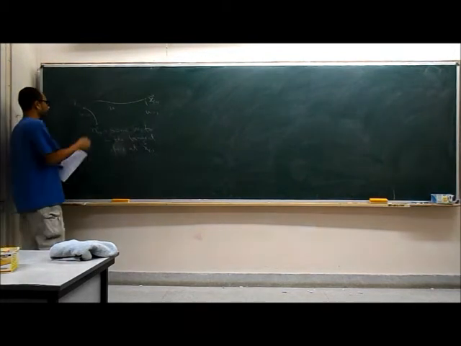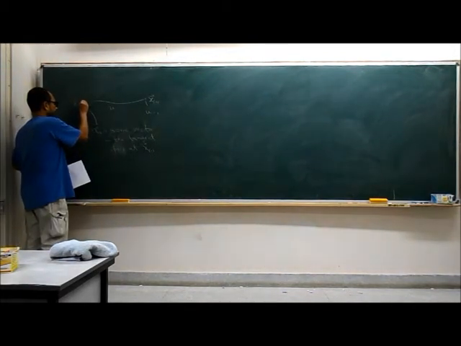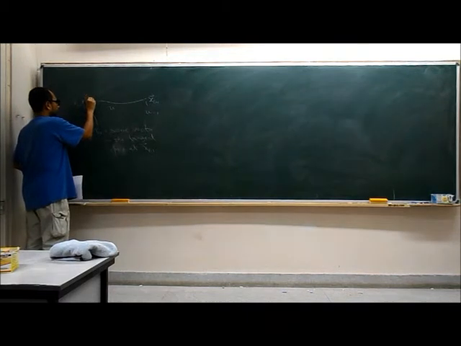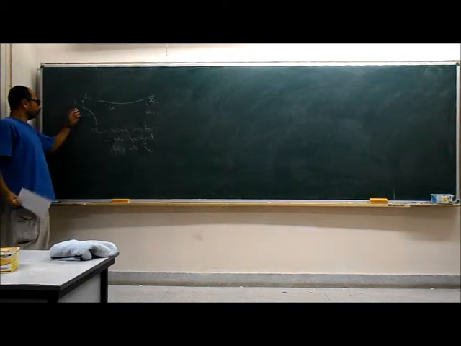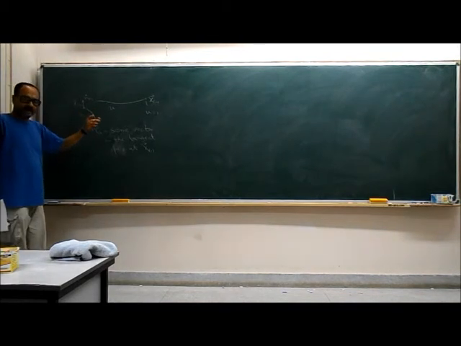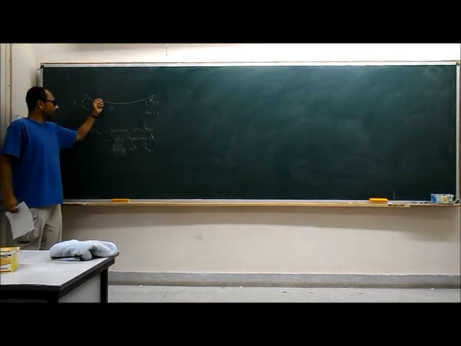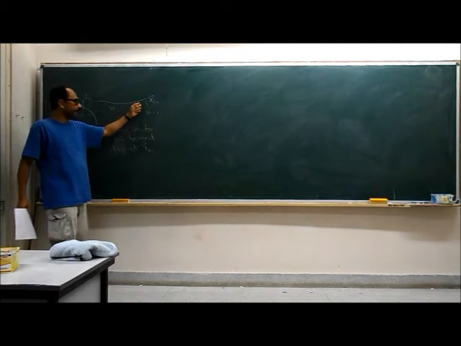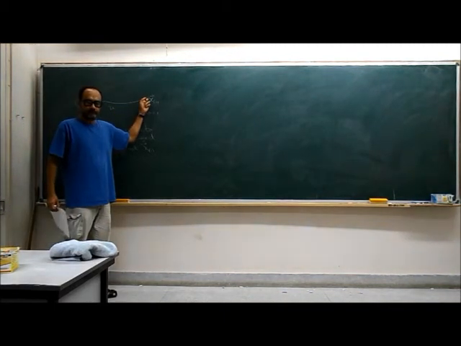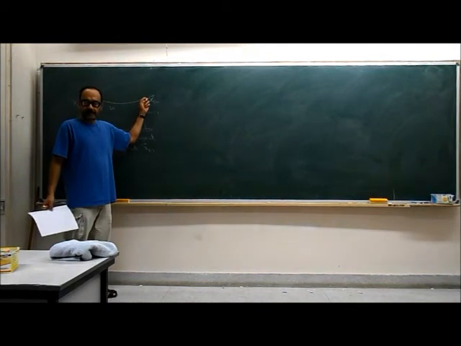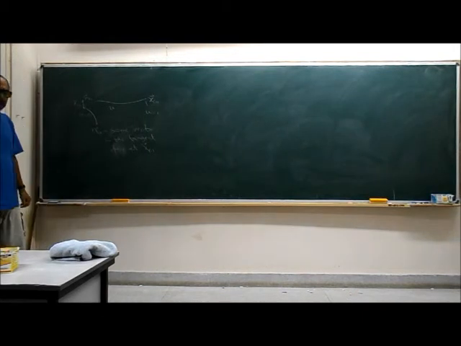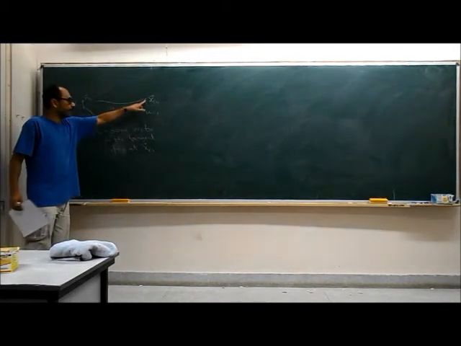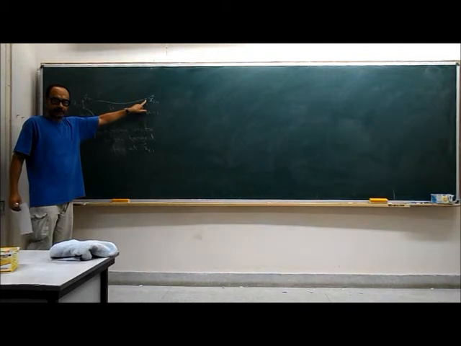So this could be some vector like this. Then we want to use the rules of parallel transport to transport it along this curve and bring it to the point x2. And we want to know what becomes of this vector under parallel transport. We want to write down some sort of equation that allows us to find what this vector becomes when you parallel transport it to this point x2.